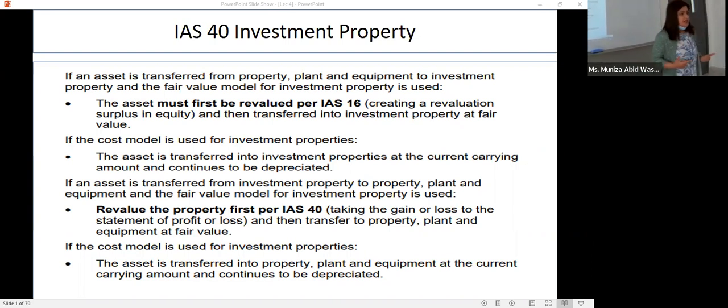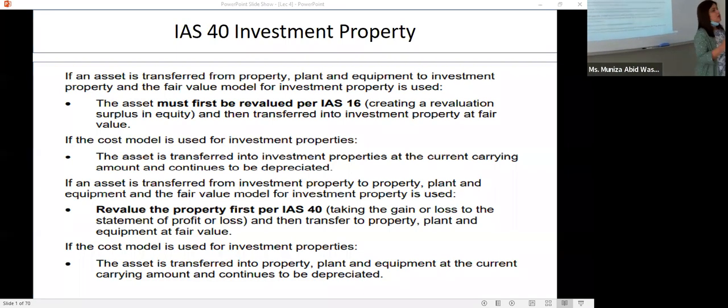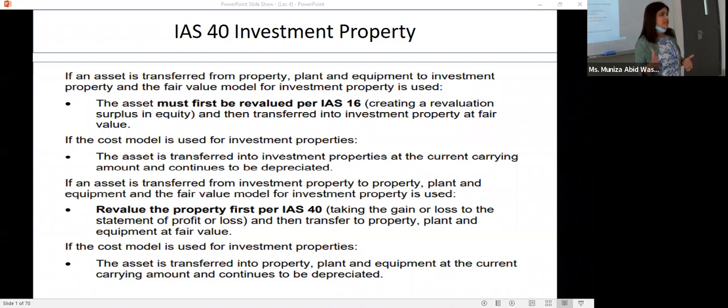Then subsequently, after the first year of the purchase, we have been given an option by IFRS, International Financial Reporting Standards, that we can either adopt a cost model or a fair value model in order to recognize our investment property. So in the first year of the purchase, we have to recognize our investment property at its cost.